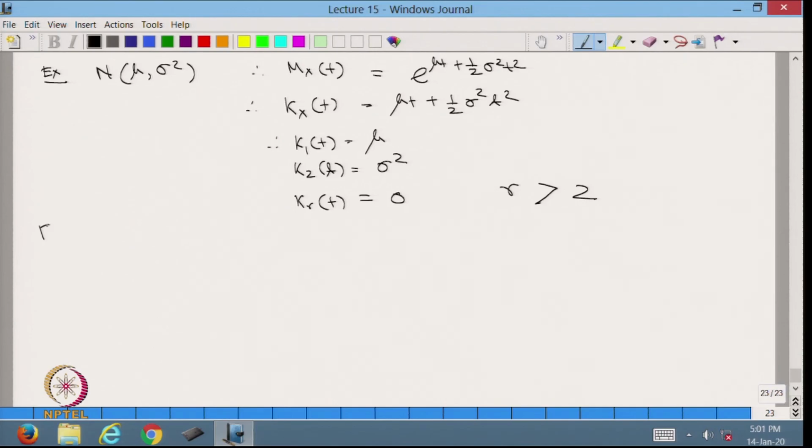Similarly, another example, say gamma with parameters 1 and alpha. Therefore, the mgf is equal to 1 upon 1 minus t, whole to the power minus alpha.